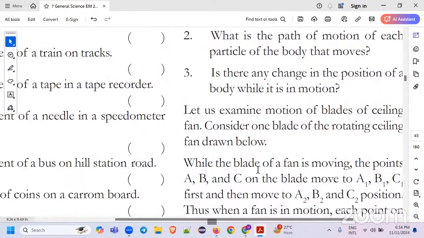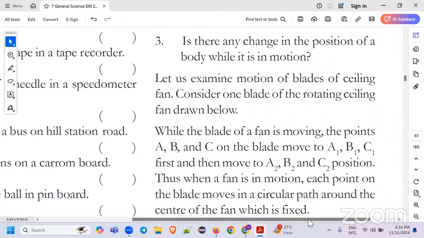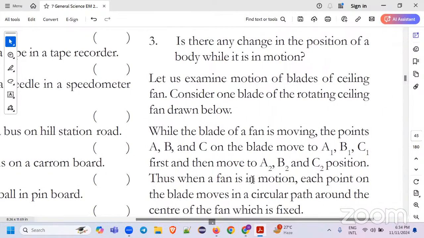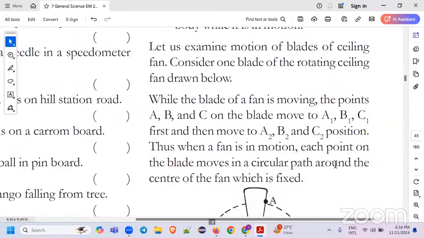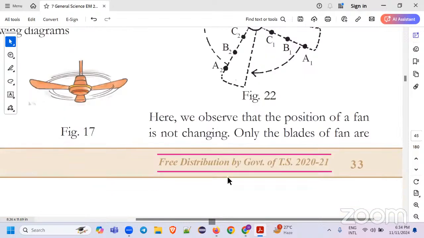While the blade of a fan is moving, the points A, B, C on the blade move in the same path. That is, when the fan is in motion, each point on the blade moves in a circular path around the center of the fan, which is fixed.